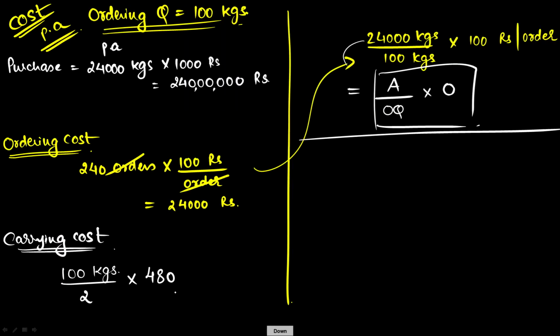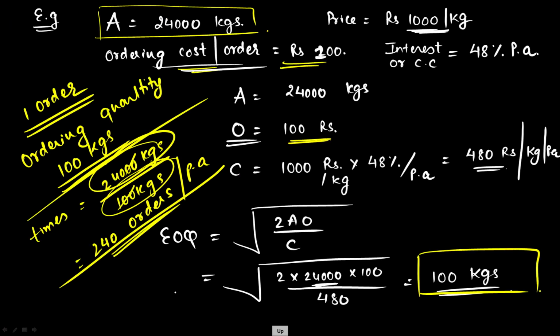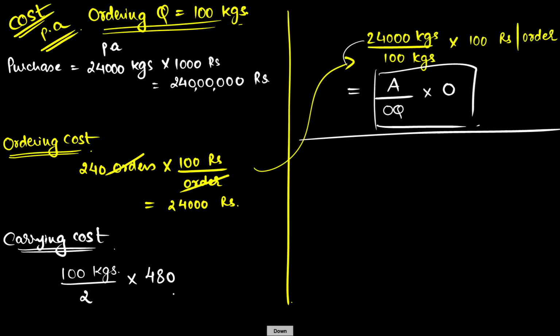It is 480, right? What is 480? Can you tell me? It is the cost to carry 1 unit for 1 year. How many units do I want to carry? 50 kgs. So for 50 kgs, the total cost will be 50 into 480, which will be 24,000.